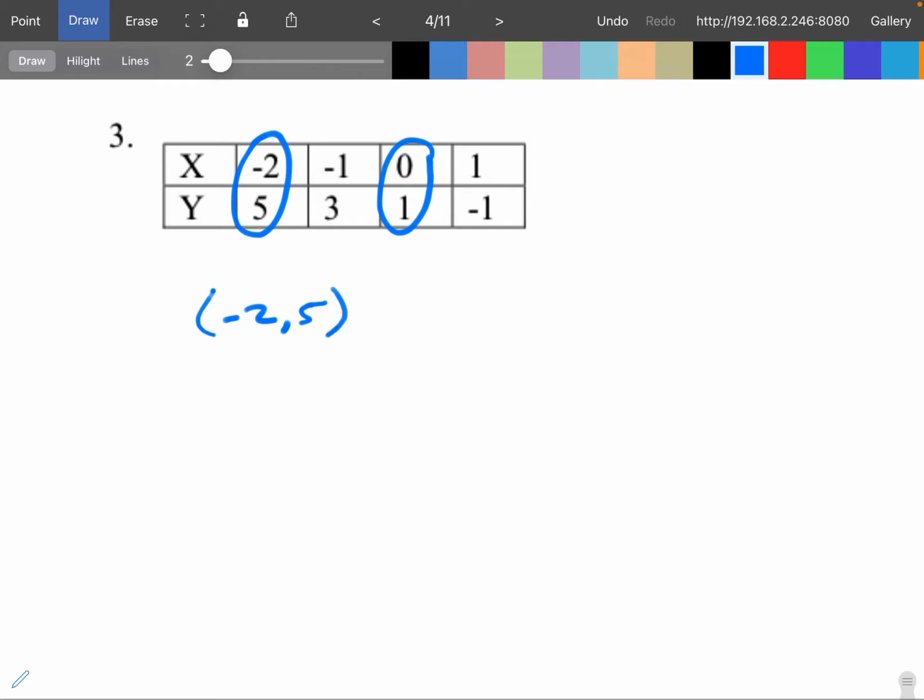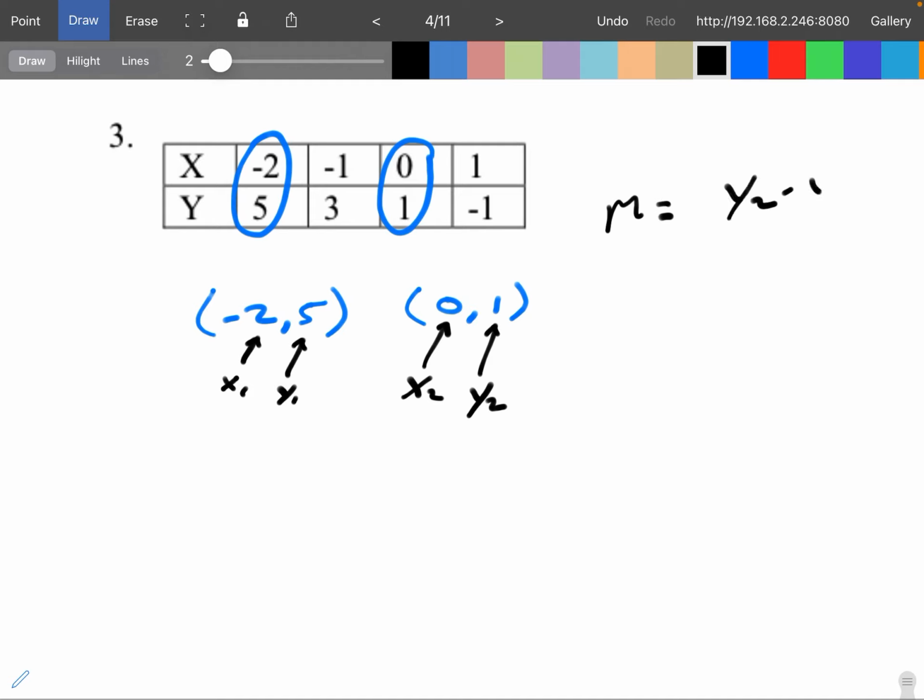All right, so again, we're going to draw this fraction bar with the subtraction. And then, actually, let me write down these points for you guys. So the 2 points we're using are the points -2, 5, and the other one is the point 0, 1.